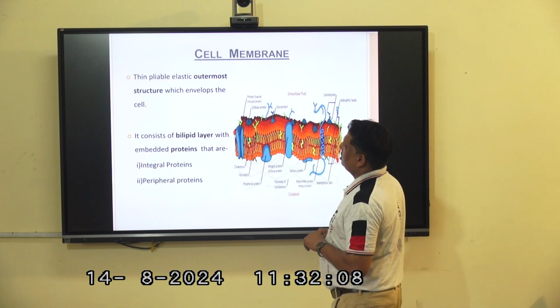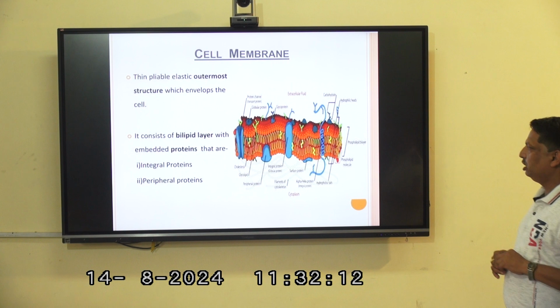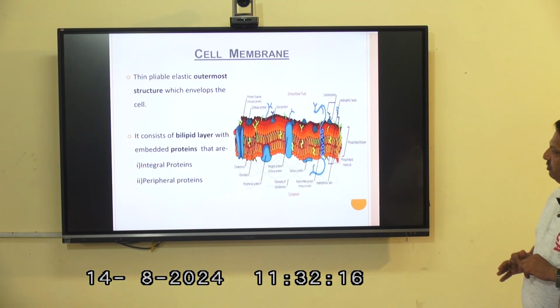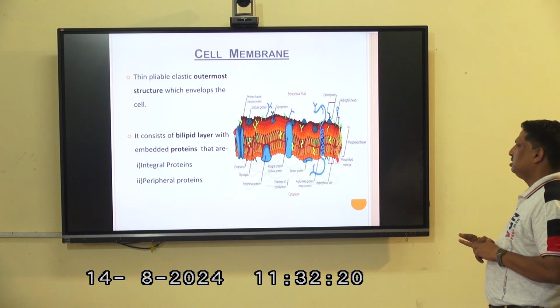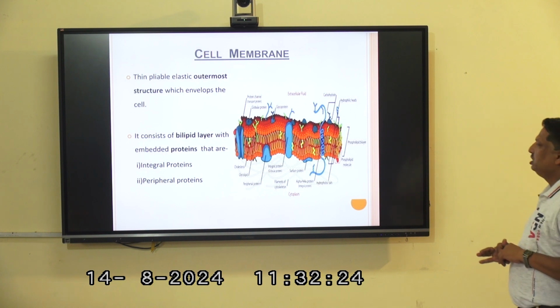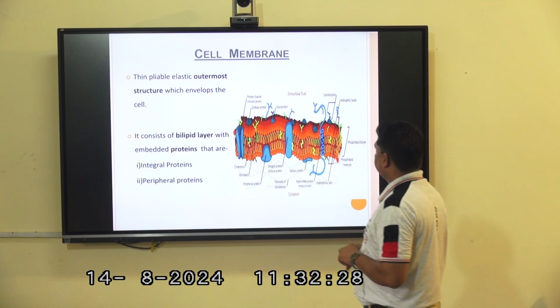Secondly, it consists of a bilipid layer with embedded proteins that are in two forms, integral proteins and peripheral proteins. The peripheral proteins are present in the peripheral area, and the integral proteins are those present inside the membrane.